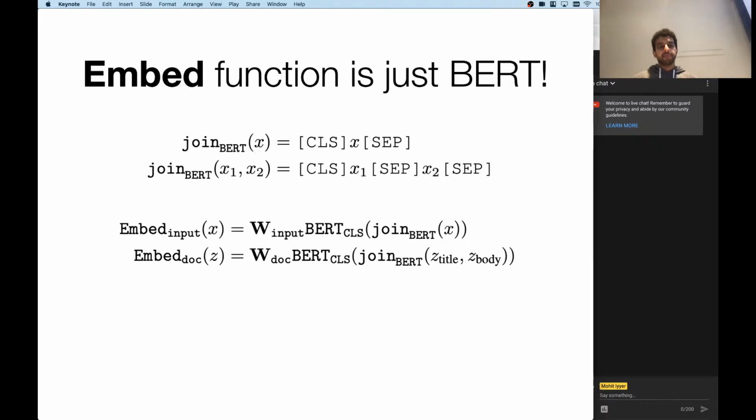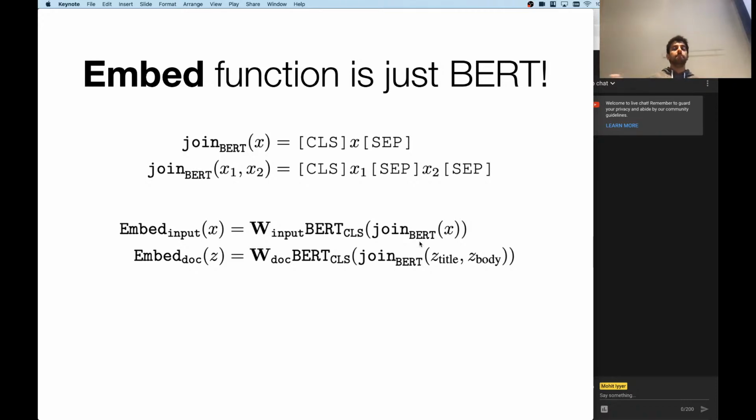Okay. So, like I said, to get the embedding of the input, we basically will just take the CLS vector, so BERT CLS, of passing that input into a BERT model. So you can kind of ignore this join BERT thing.